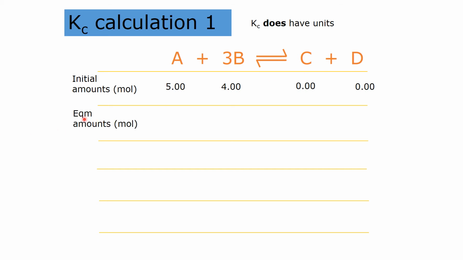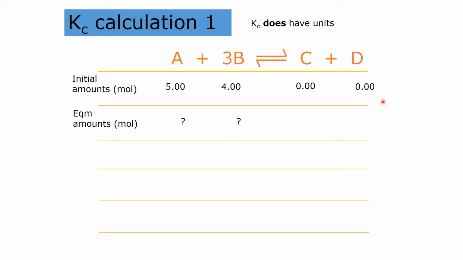So what you then need to work out, and this is quite tricky, is the equilibrium amount. So that's what EQM stands for. EQM stands for the equilibrium amounts in moles, and again you'd get this from the question. So in the question, you won't know the equilibrium amounts of A and B. It won't tell you that, but we can work them out.